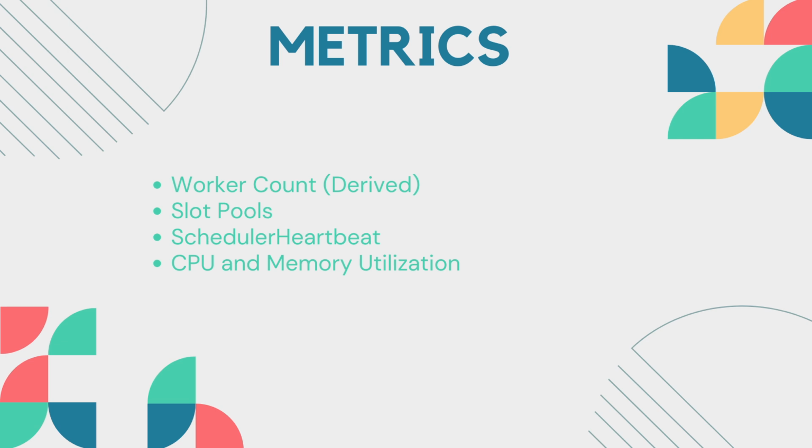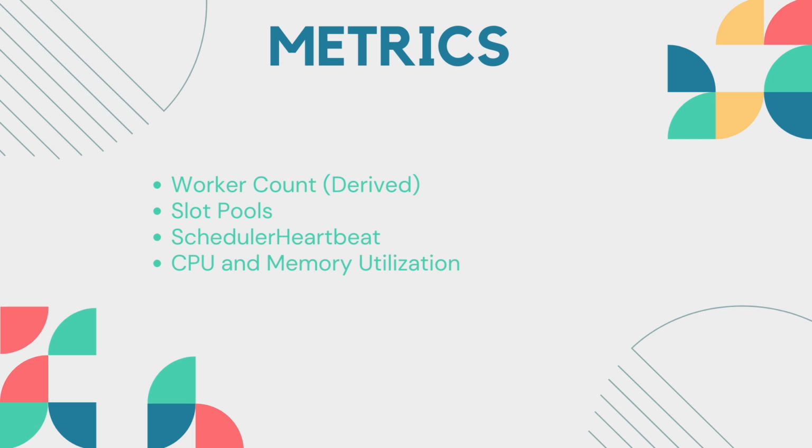This metric is not directly available in CloudWatch and will be derived from two other metrics. Then the other one is slot pools. You have to keep an eye on your available pools to see how many tasks end up in queued. If there are too many tasks that always end up in queued, that would mean that you need to scale out and add more workers.